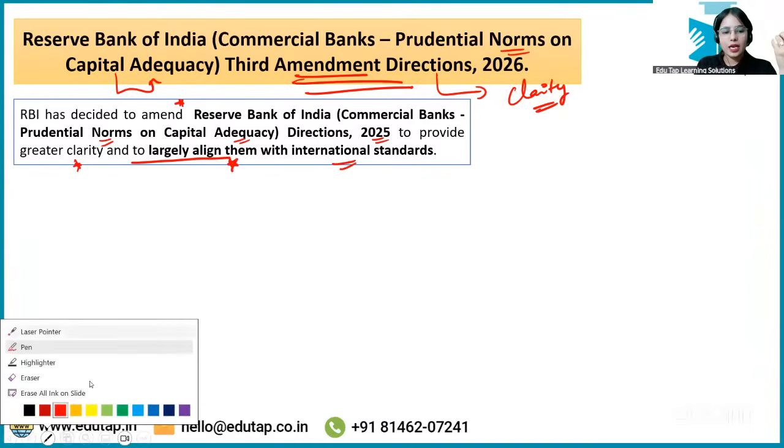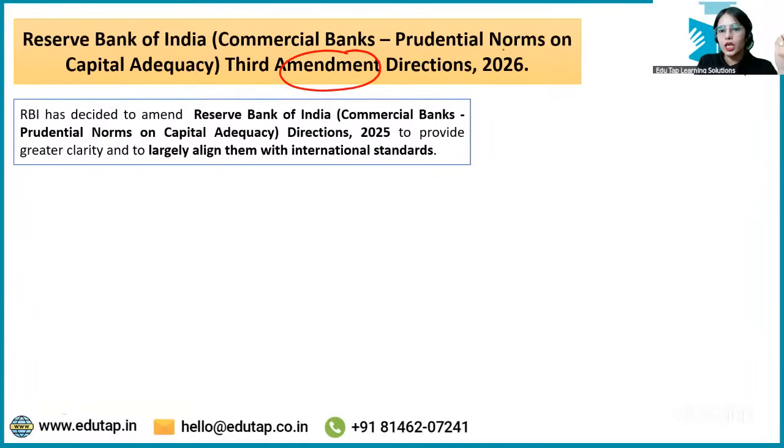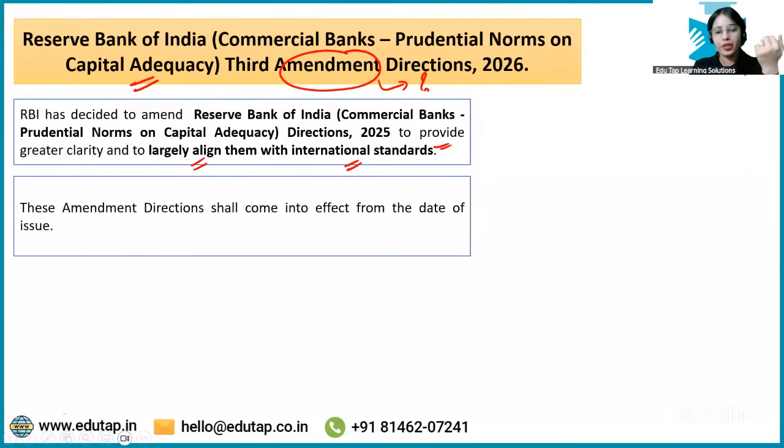So there is a change that has happened in the capital adequacy norms. Why has the change happened? To provide clarity regarding the capital adequacy, as well as to largely align these norms with the international standards. Okay. This amendment direction shall come into effect from the immediate basis.